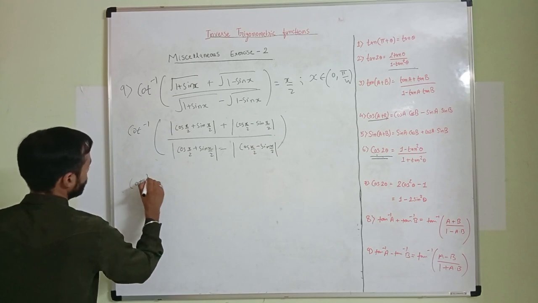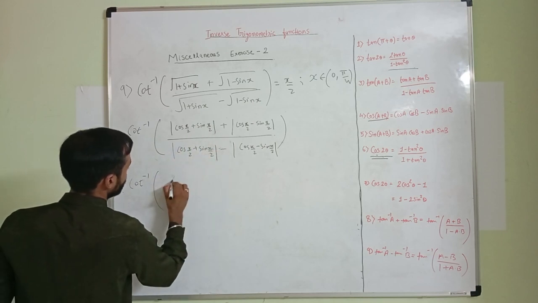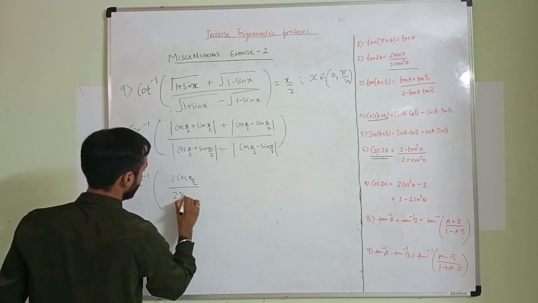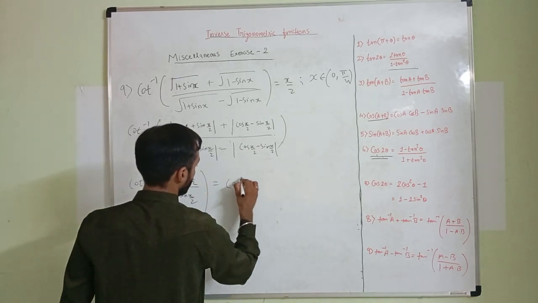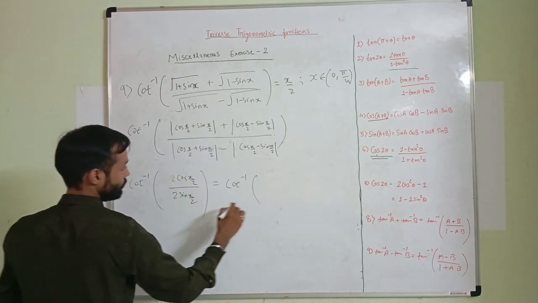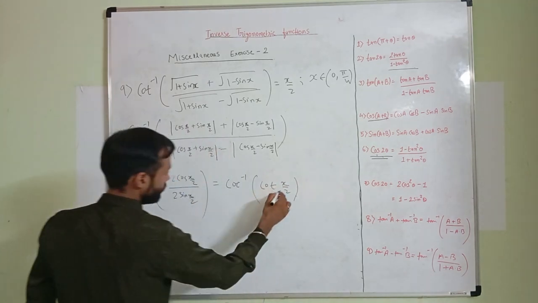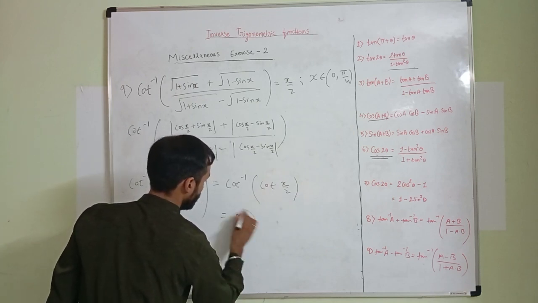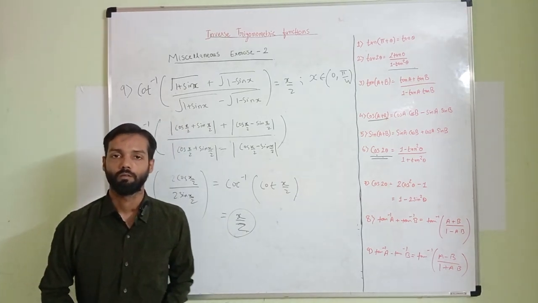So it will become cot inverse of 2 cos x by 2 upon 2 sin x by 2. So this will be cot inverse of cos upon sin, which is cot x by 2, and cot inverse of cot x by 2 will be x by 2, which is our RHS for this example.